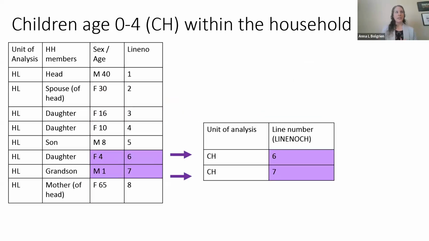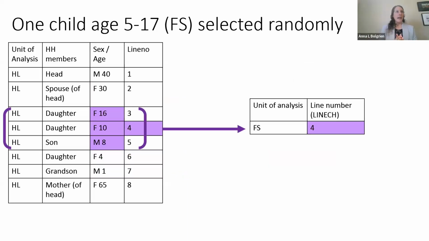These 2 young children are between 0 and 4. And so this daughter in line 6 and the grandson in line 7 are both present in the child data file or the child unit of analysis. And finally, like I mentioned, the more recent samples have an adolescent file that randomly selects among the 5 to 17-year-olds present in the household.